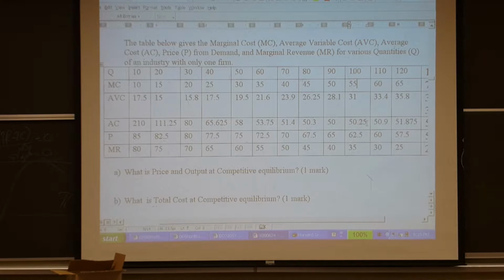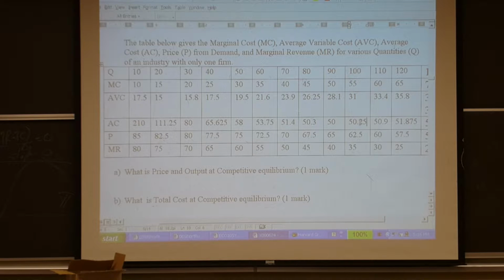What is the total cost of this firm? 5,025. The difference is 975, or is it? No, 475, which we could find by 55 minus 50.25, which is 4.75, times 100, which is 475, right, everybody?